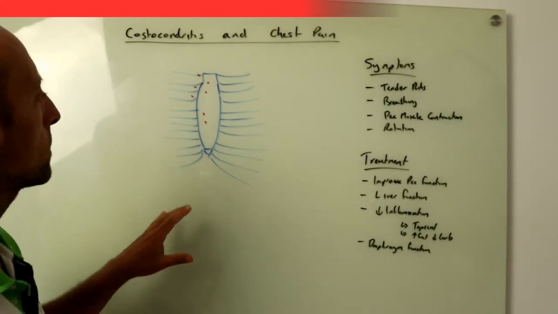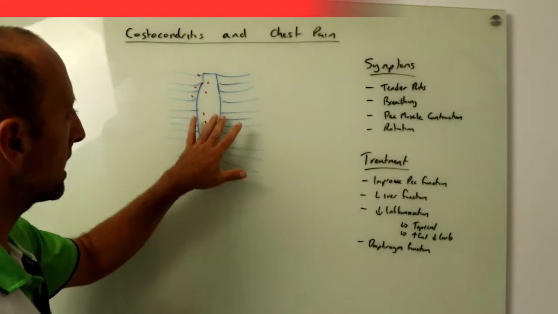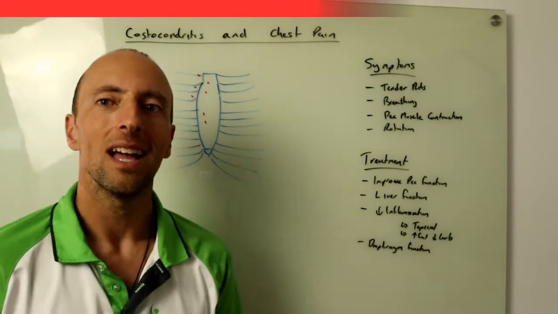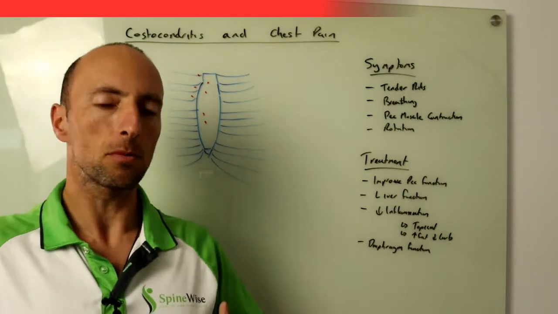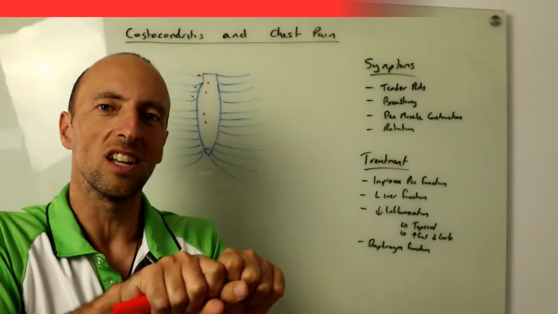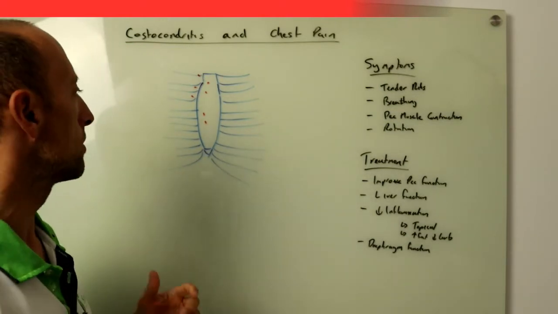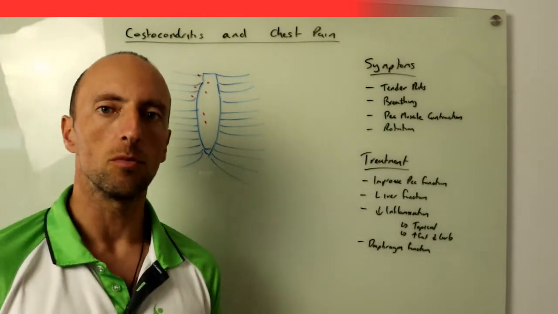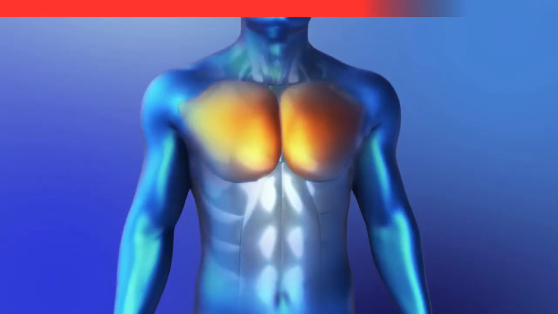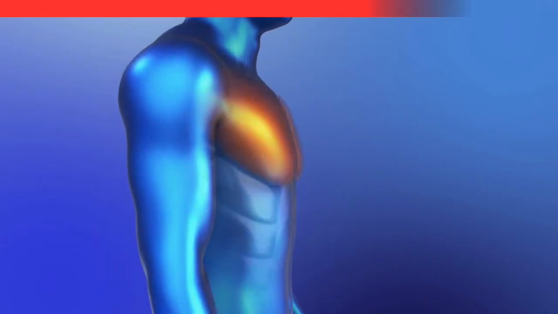So one of the key things with this is that once we get that inflammation in those areas through that cartilage, as you just move around, whether you be breathing, rotating, maybe even just bringing your arms forward and backwards, as those ribs twist and turn, that inflammation becomes sensitive and you start noticing it. So it really is aggravated by any kind of movement, especially contraction of your pec muscles. So this is a really big issue.